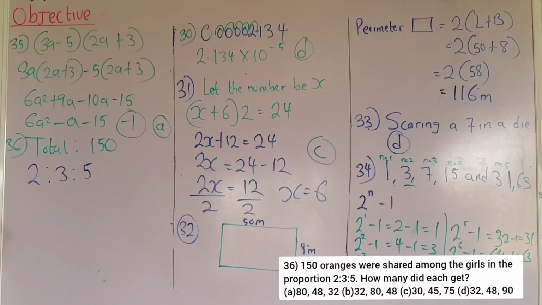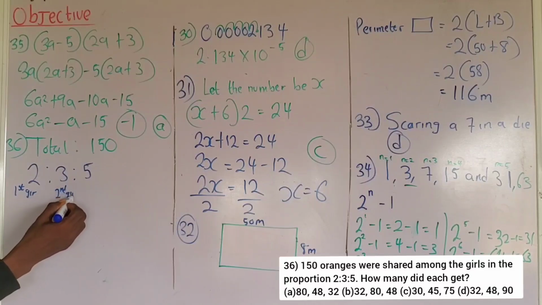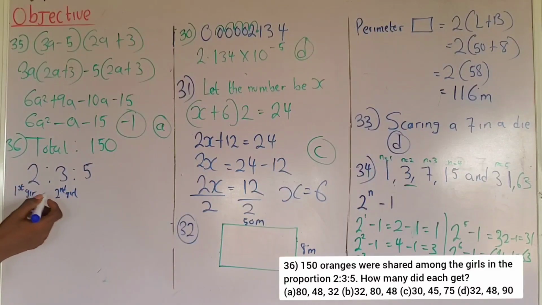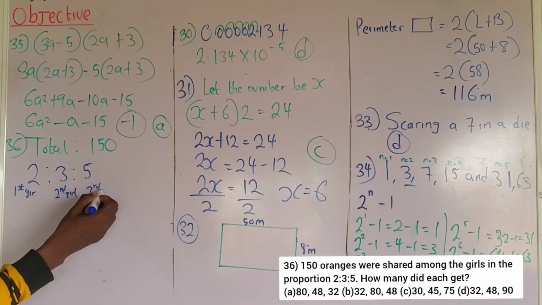Now I want you to pay attention. Let's say this is the ratio of the first girl, this is the ratio for the second girl, and this is the ratio for the third girl.